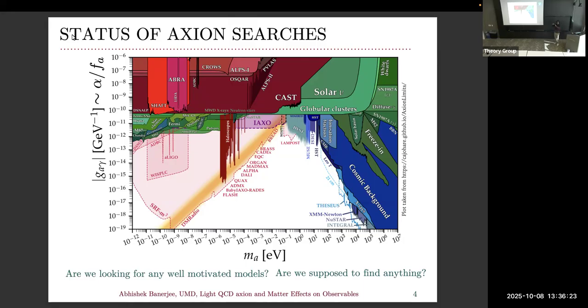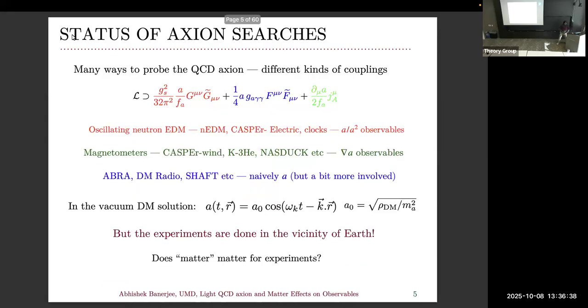You can write a model of axion-like particles and you're fine with it. My complaint is that if you really think of the QCD axions, then are we looking for some well-motivated models? I have no complaints against the axion-like particles. That's fine. But if you really think of looking for the QCD axions, what do people actually look for?